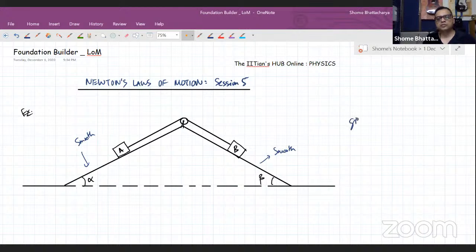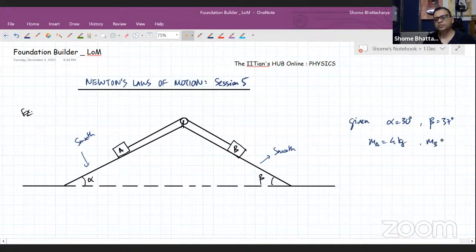Okay, so given that alpha is equal to 30 degrees and beta is equal to 37 degrees, and the mass of block A is, let us say, 4 kg, and the mass of block B is, let us say, 5 kg.